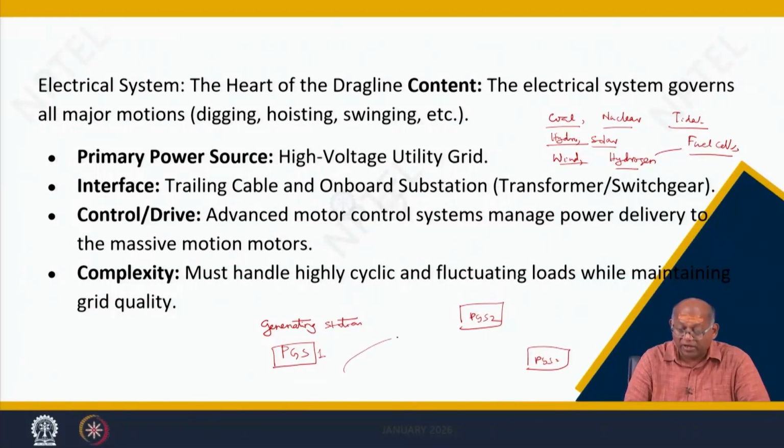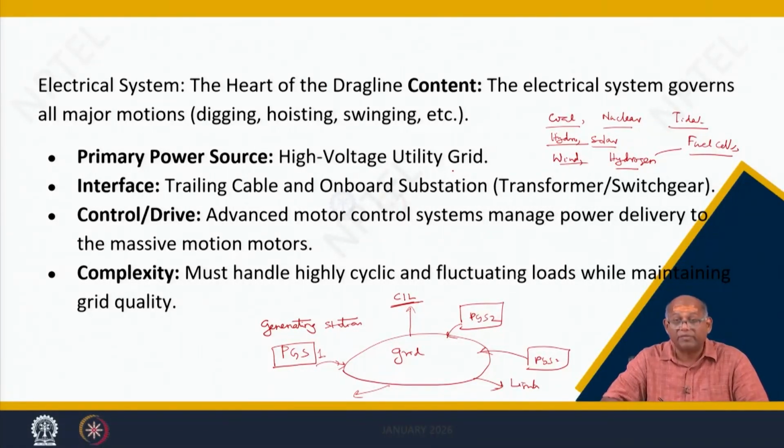They are all connected to a common grid, feeding power into it. Then from this grid there are different power utilizations, like coal mine 1, Coal India Limited, taking power from here. There may be lignite mines taking power. So, there is power generation and power utilization everywhere in the grid. This is called the grid, and this is the high voltage utility grid. That means you can get the power from there.